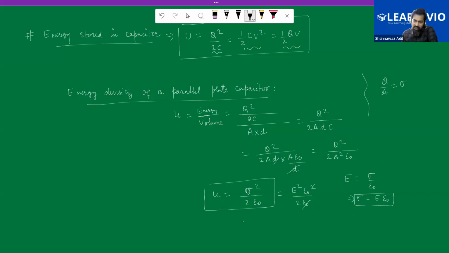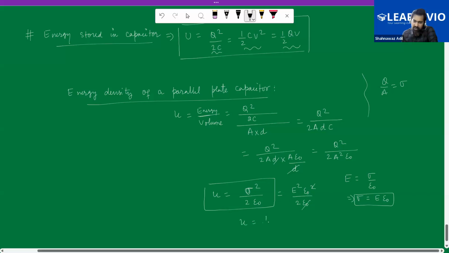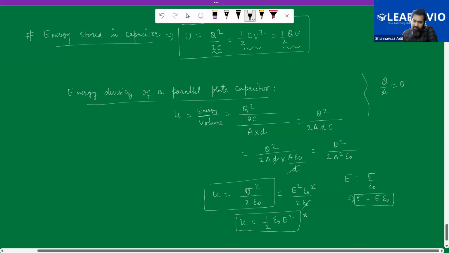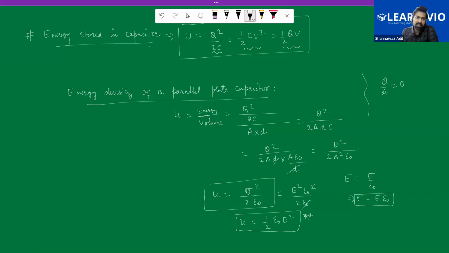So this will cancel and energy density would be half epsilon naught E square. This is a very important relation. So this is the energy stored and this is the energy density of the parallel plate capacitor.